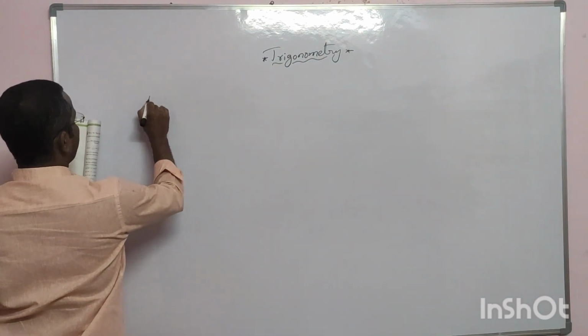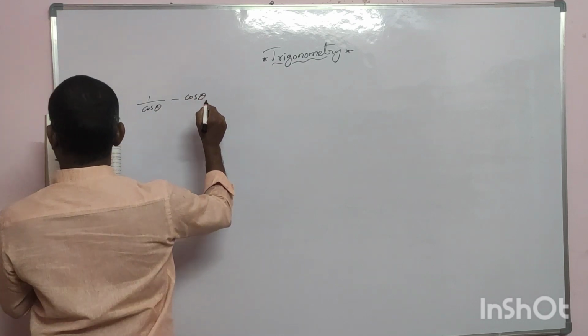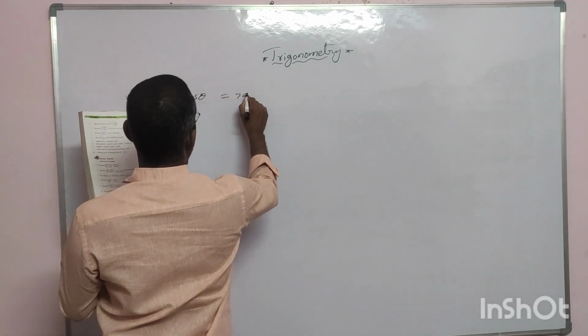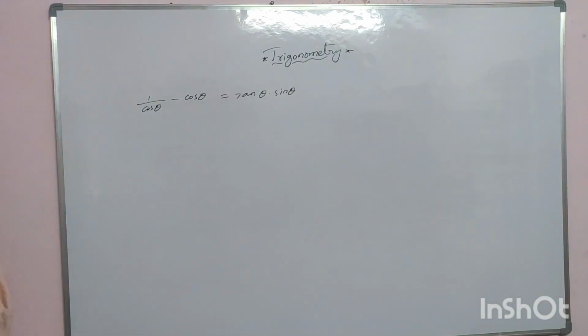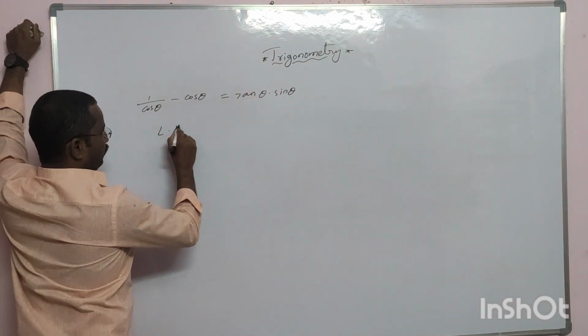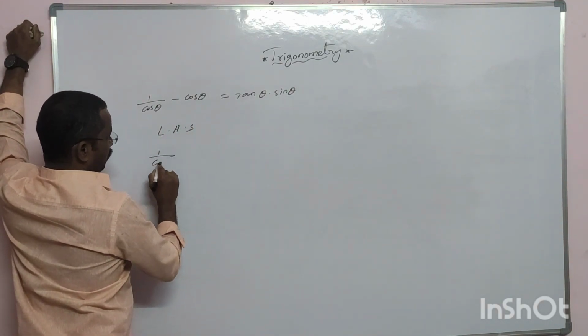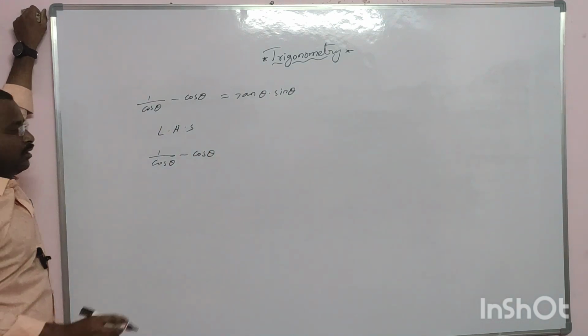Next one: 1 by cos theta minus cos theta is equal to tan theta into sin theta. You want to prove that. As usual, take your LHS part: 1 by cos theta minus cos theta.